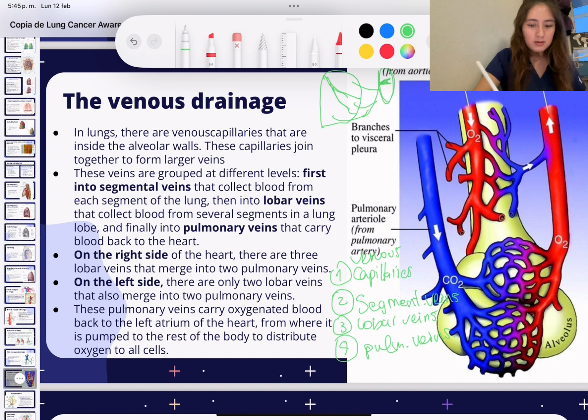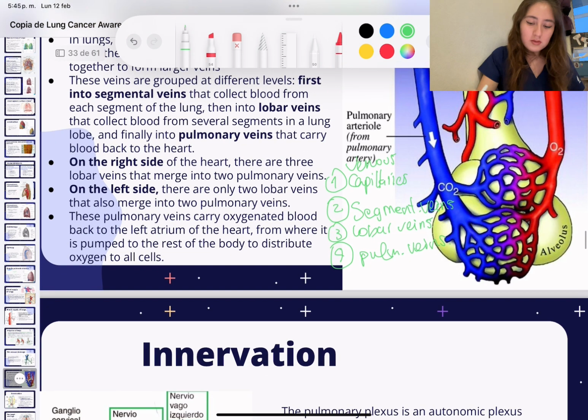Let's imagine that this is the hilum, but like this. And in the left one, we have just 2 because there are 2 lobes, and they become 2 pulmonary veins.